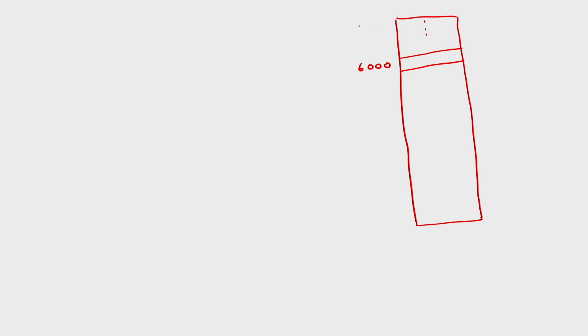The starting of this data segment is 50,000 H, then 6,001, 6,002. So I will take these last 8 bits, 0 0 and 0 1, as the code corresponding to 0, 1, 2 and so on.